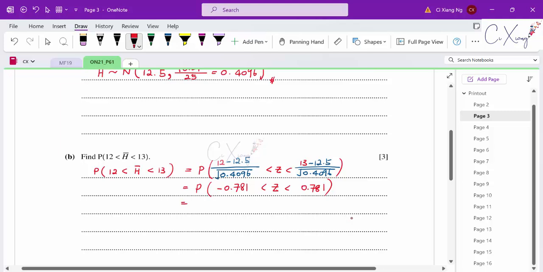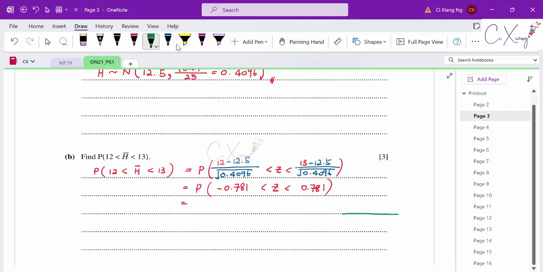For this graph and this probability, the center is 0, and the mean is 0 here, with negative 0.781 and positive 0.781. To find the probability, we are interested in this particular shaded area.